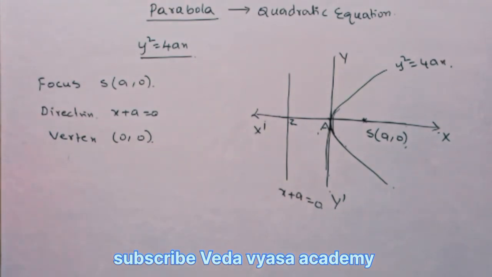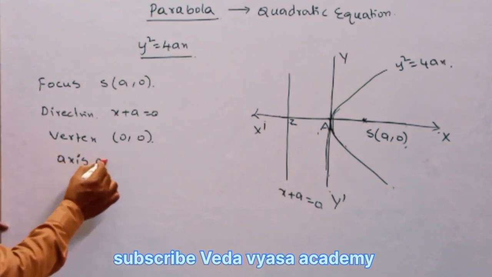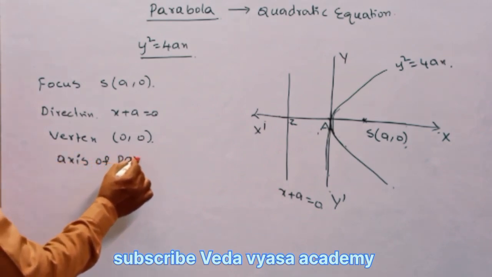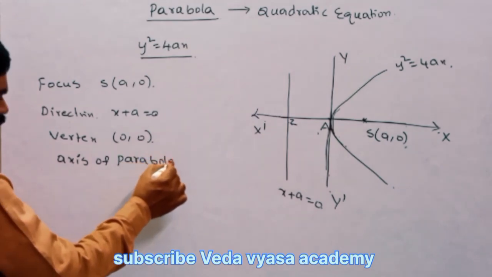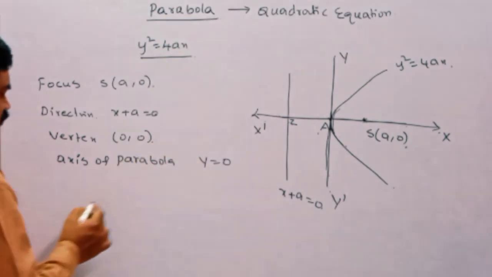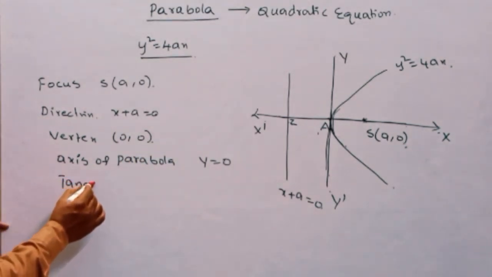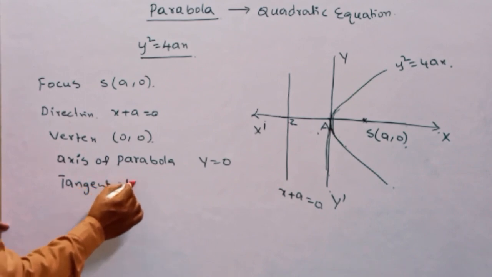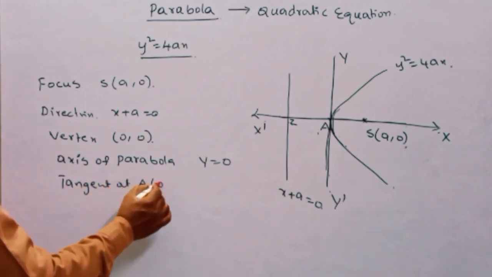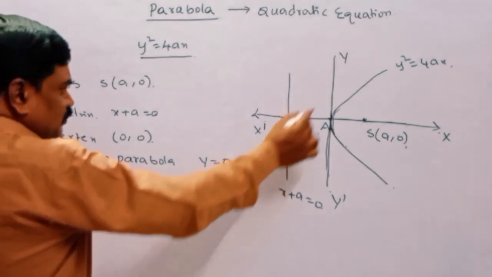Here, the axis of the parabola is y equal to 0. The tangent at vertex (0, 0) is x equal to 0.